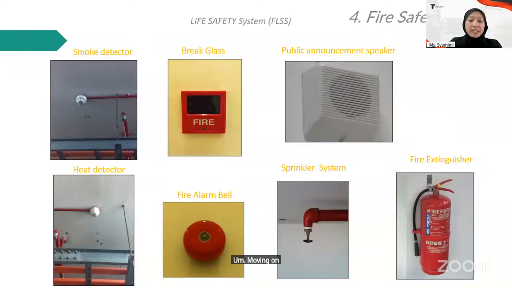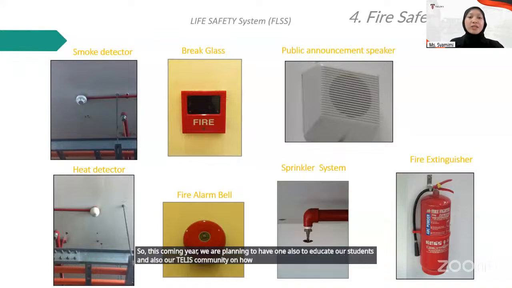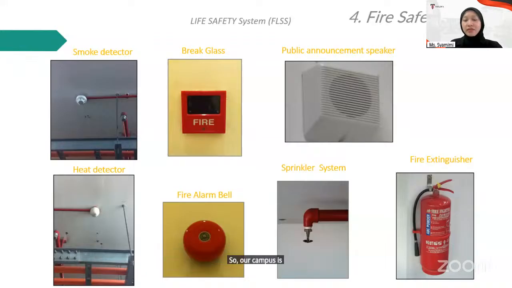Moving on to fire safety. We take fire safety very seriously. In fact, we just had our fire drill last year in November. This coming year, we are planning to have one also to educate our students and our Taylor's community on how to evacuate our campus safely. Our campus is equipped with various fire safety equipment such as smoke detectors, break glass, and others.